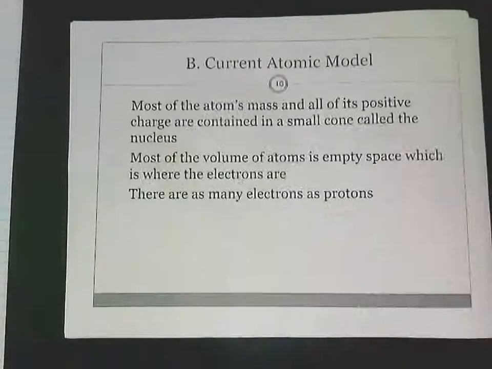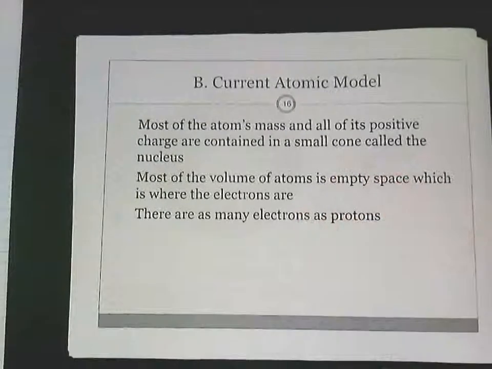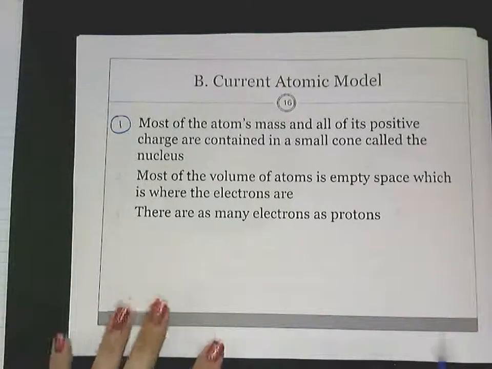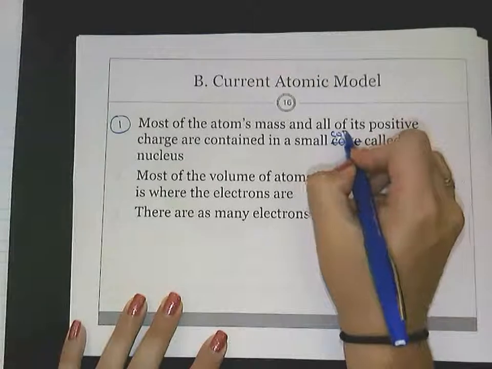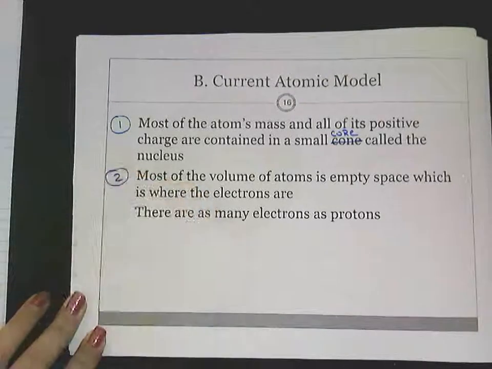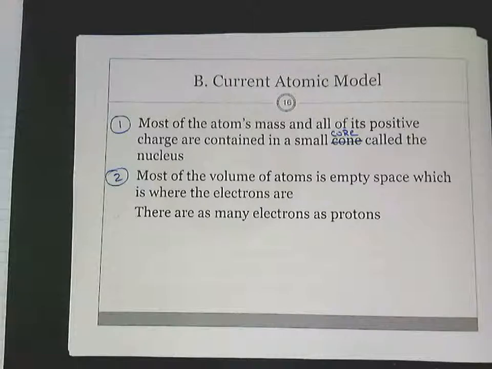So our current atomic model looks like this. 1, most of the atom's mass and all of its positive charge, that should be core, sorry, in a small core that we call the nucleus. 2, most of the volume of an atom is empty space, and that's where the electrons live.